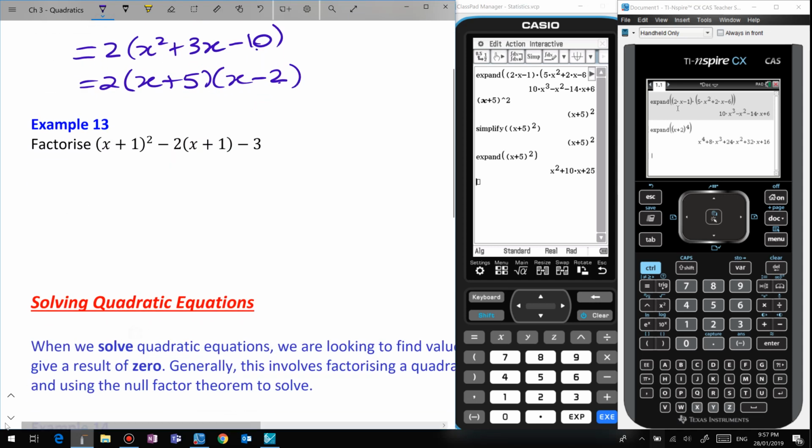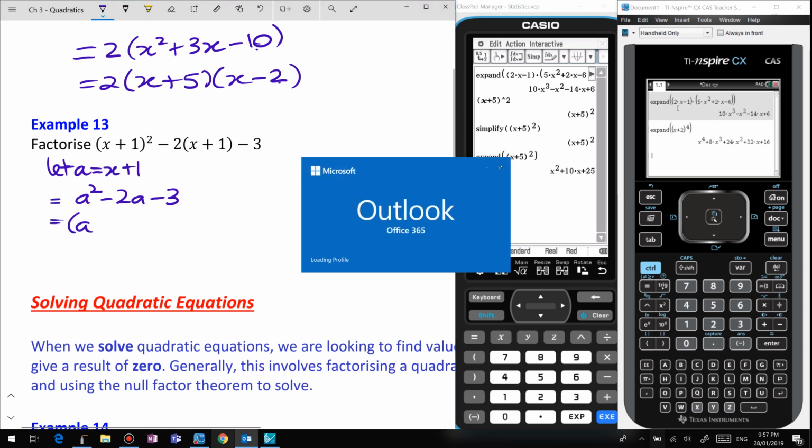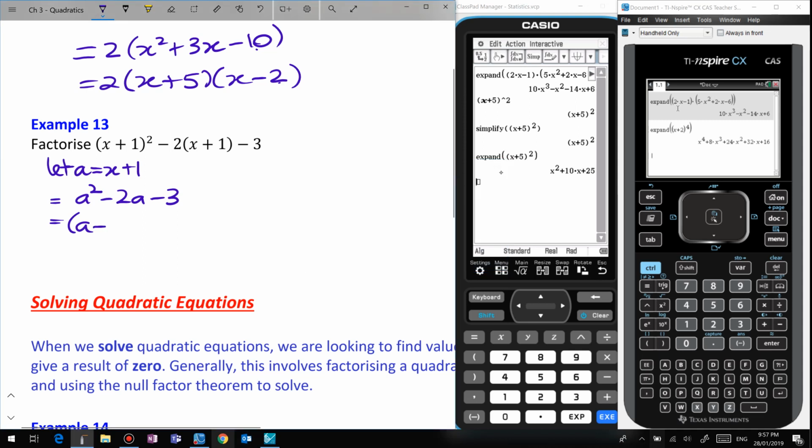With this one here, we can use another variable. Let a equal x plus 1. So then we get a squared minus 2a minus 3. From here, we can factorize that: a minus 3 and a plus 1, because we know negative 3 times 1 is negative 3, negative 3 plus 1 is negative 2.